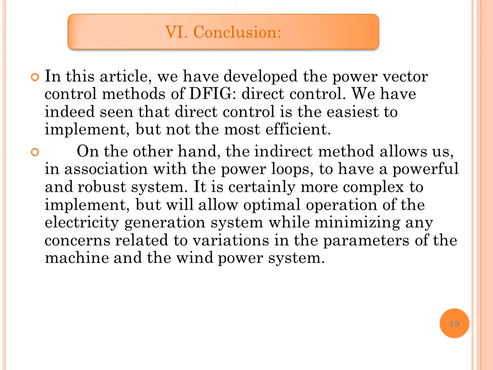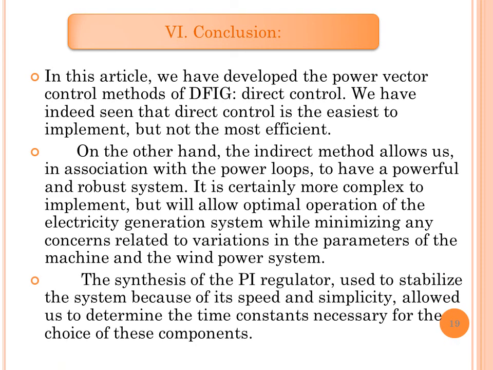On the other hand, the indirect method allows us, in association with the power loops, to have a powerful and robust system. It is certainly more complex to implement, but will allow optimal operation of the electricity generation system while minimizing any concern related to the variation in the parameters of the machine and the wind power system.